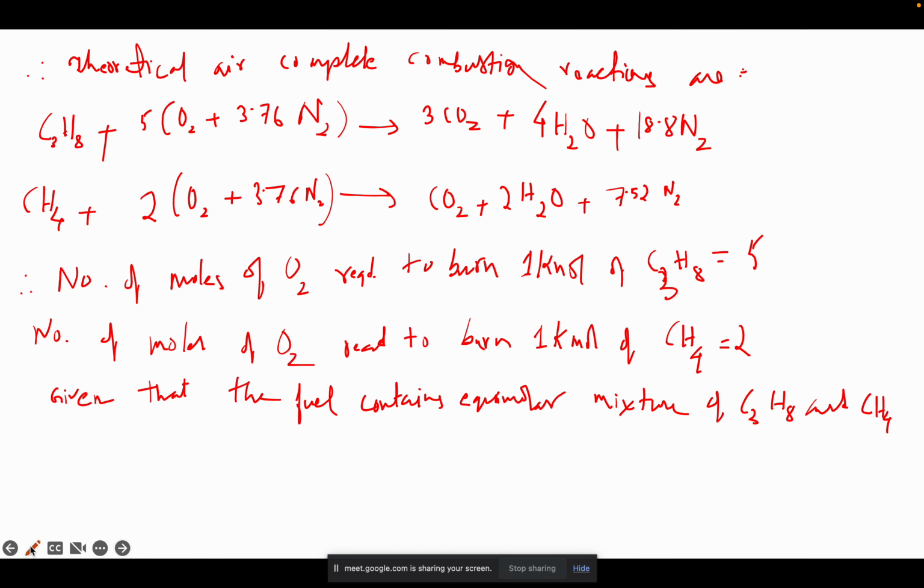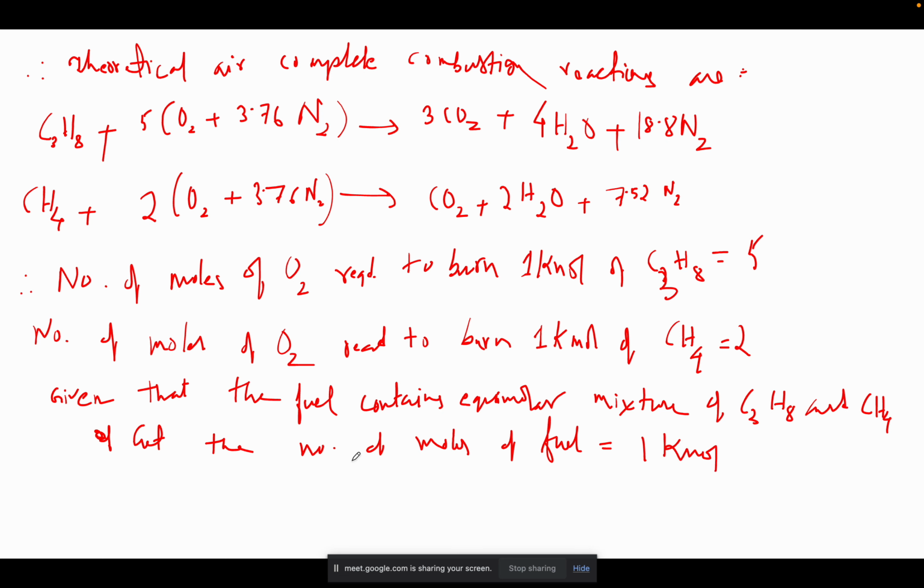So it contains equimolar, so that means let the number of moles of fuel be equal to 1 kilomole.